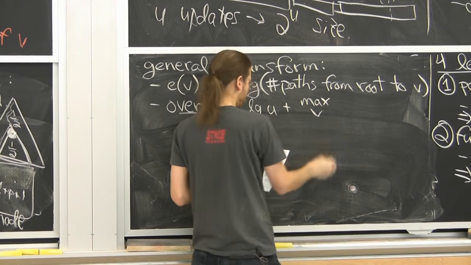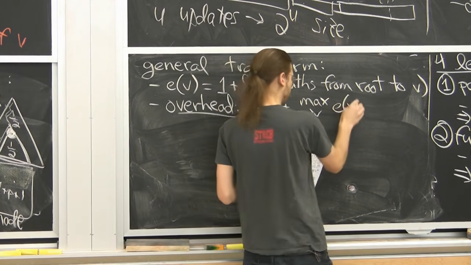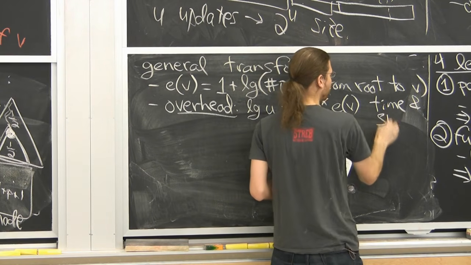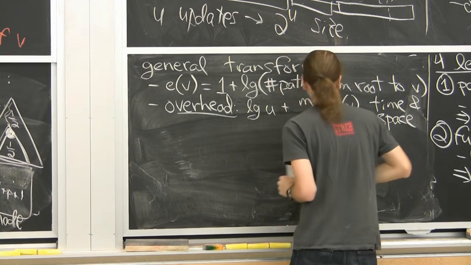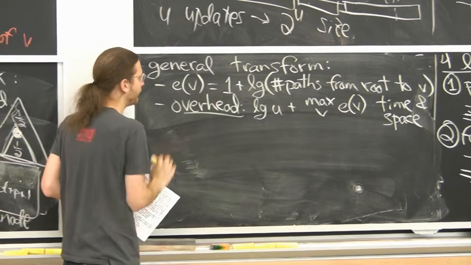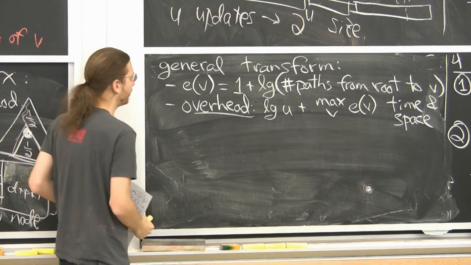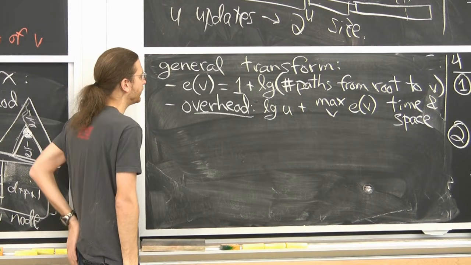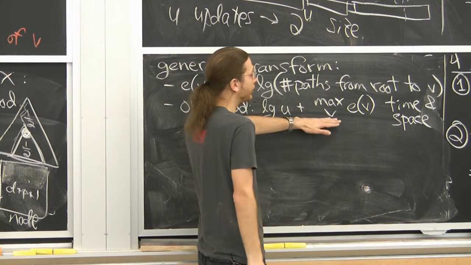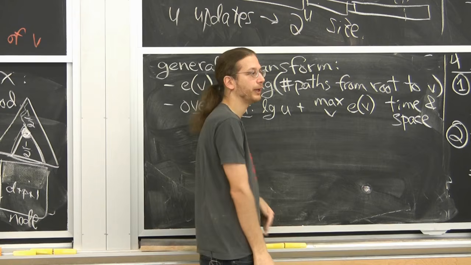So you take your running time, you multiply it by this. And this is a time and a space overhead. So maximum effective depth of all versions, maybe even sum of effective depths, but let's just say max to be safe. If you sum over all the operations, this is per operation.